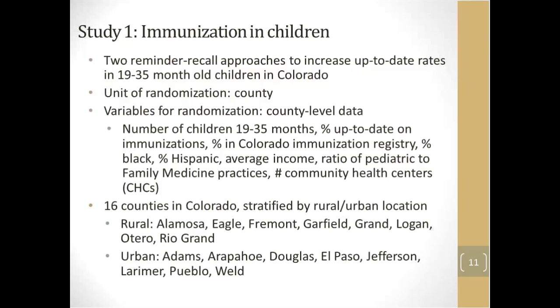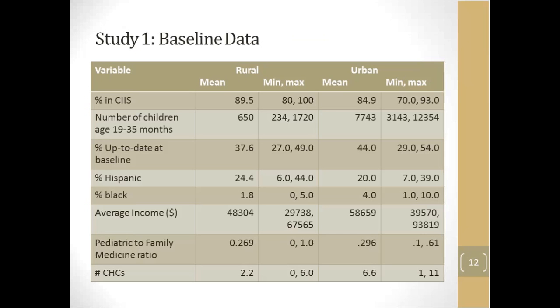And just so you'll get some context, here's a list of the actual counties in the study for you to take a look at. So you can see they're really very diverse, and you could end up at just using simple randomization approaches with something that was very, very imbalanced. So let's see how it worked.